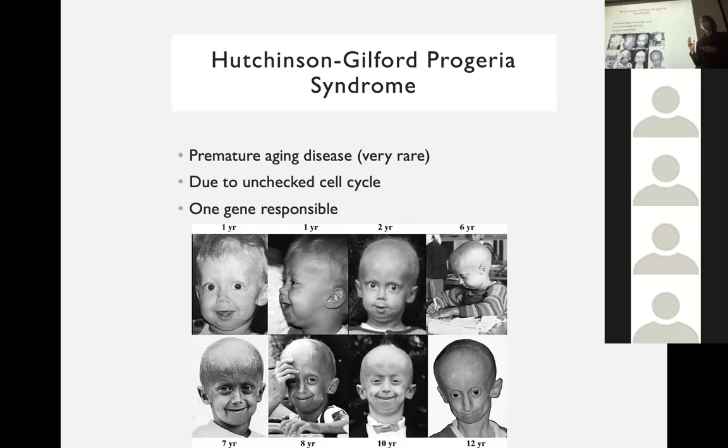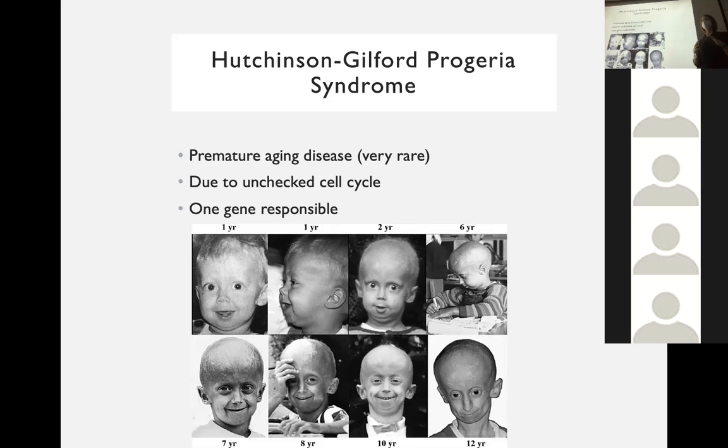So this is where essentially children age really quickly. By 12 years old, their cells have undergone essentially unchecked cell cycling, which is part of what causes aging in individuals. When your cells divide and divide over and over again, after a while they get kind of tired of dividing, and so it leads to many different symptoms of aging.